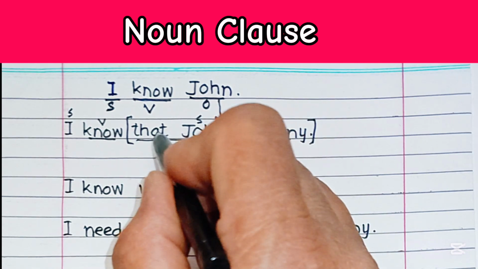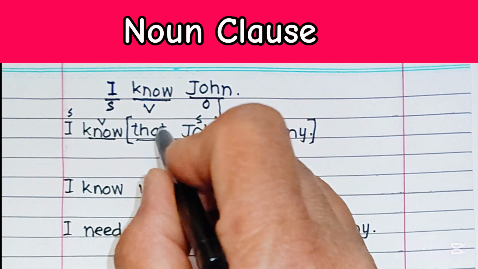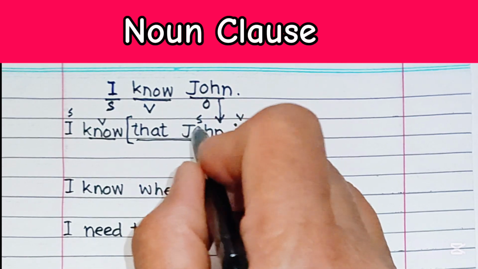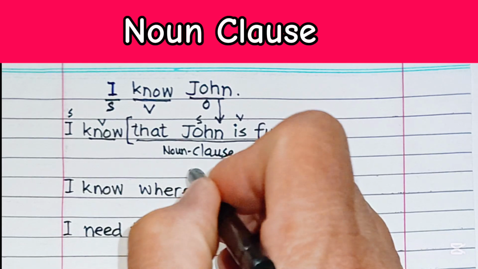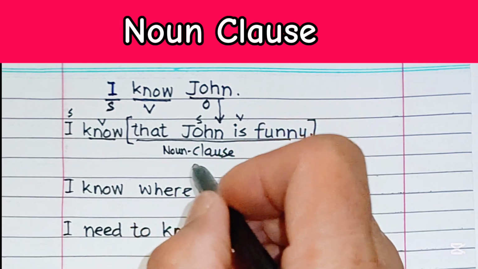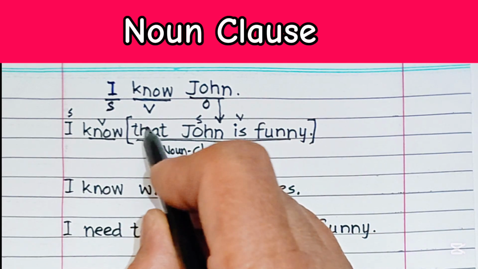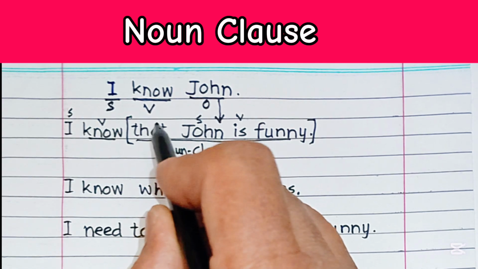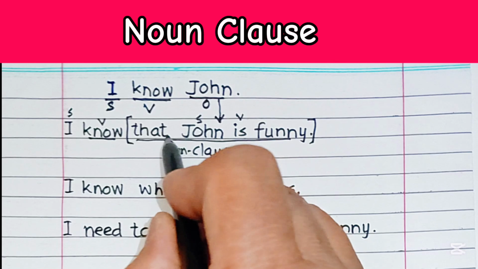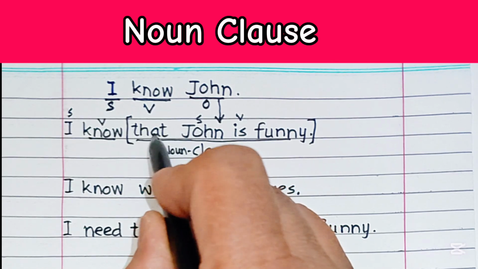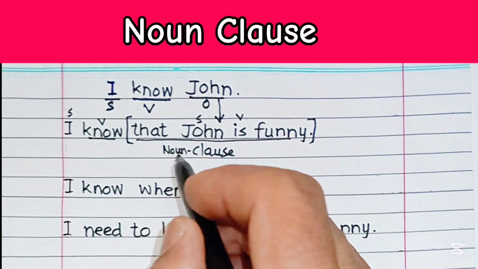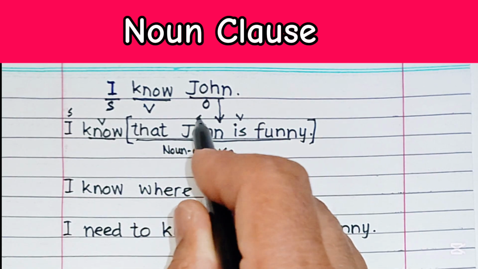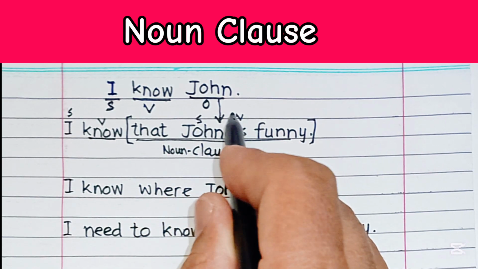It starts with that: that John is funny, so it is a noun clause. As I said, the noun clause starts with that, which is a signal that it's a noun clause. Normally a noun clause starts with that, and it's a clause because it has a subject and a verb.